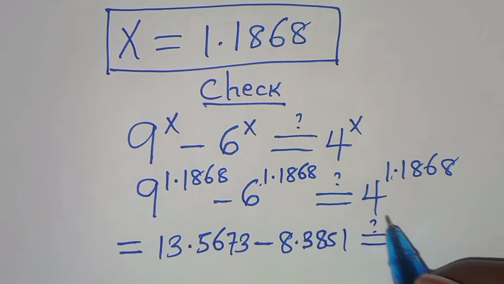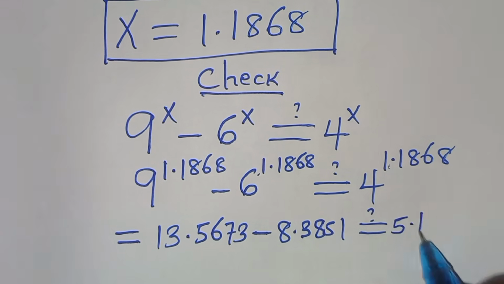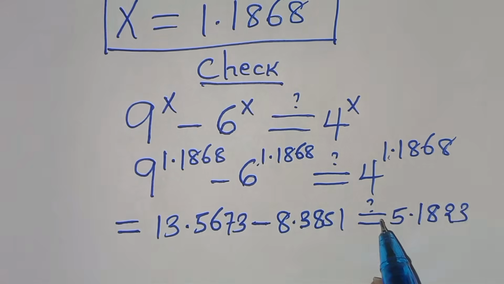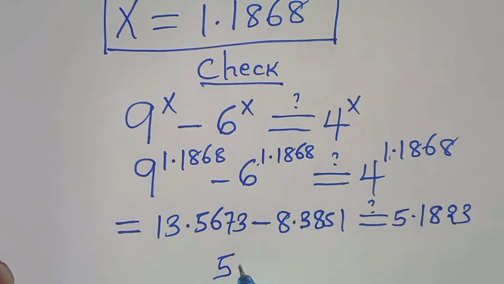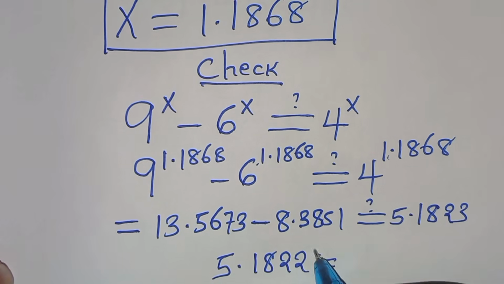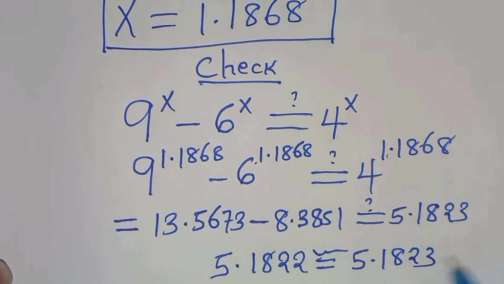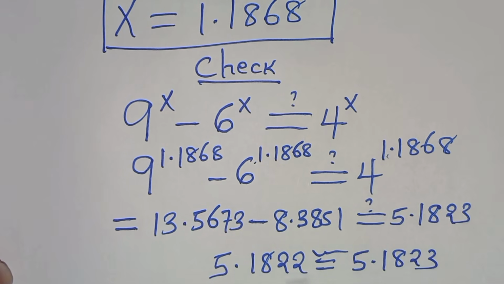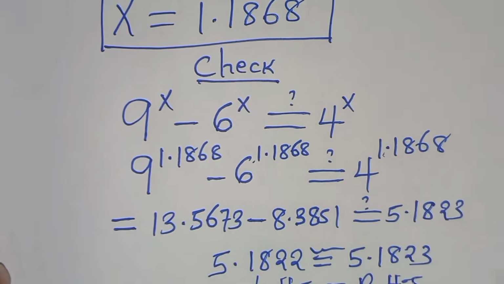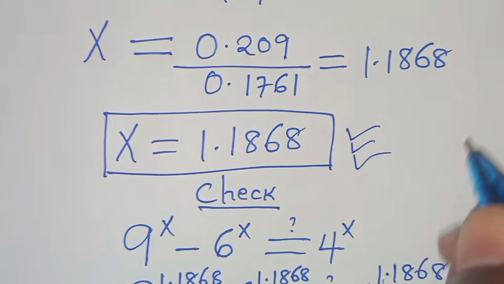This should be equal to 4 to the power of 1.1868, and this is equal to 5.1823. So if we subtract this, we have 5.1822, which is approximately 5.1823. So this means that this statement here is true, or rather the left hand side is equal to the right hand side, and this proves that the value of x here satisfies the equation.